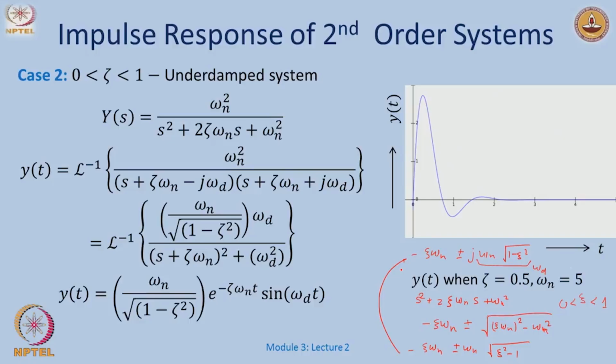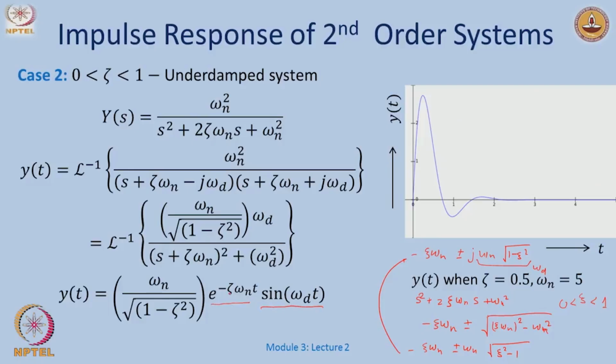Now, I just want to see the natural response or the impulse response, so I do the inverse Laplace transforms which I learned earlier. I see that y of t is some number, omega n and so on, times an exponentially decaying term and this sine term.